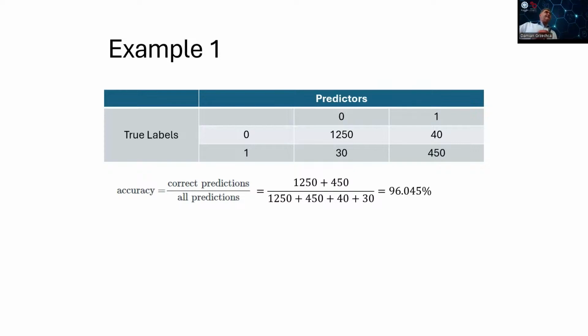Okay, how about precision, the second parameter? What numbers should be in the numerator?